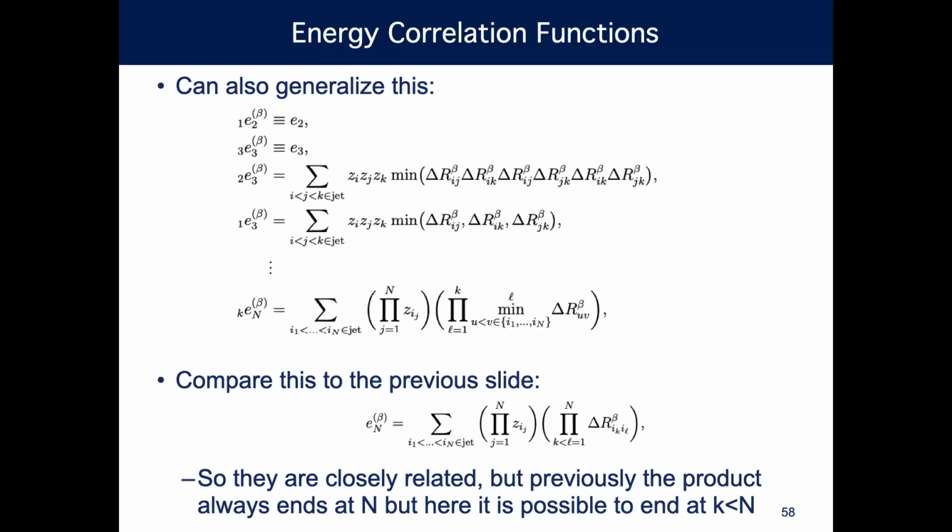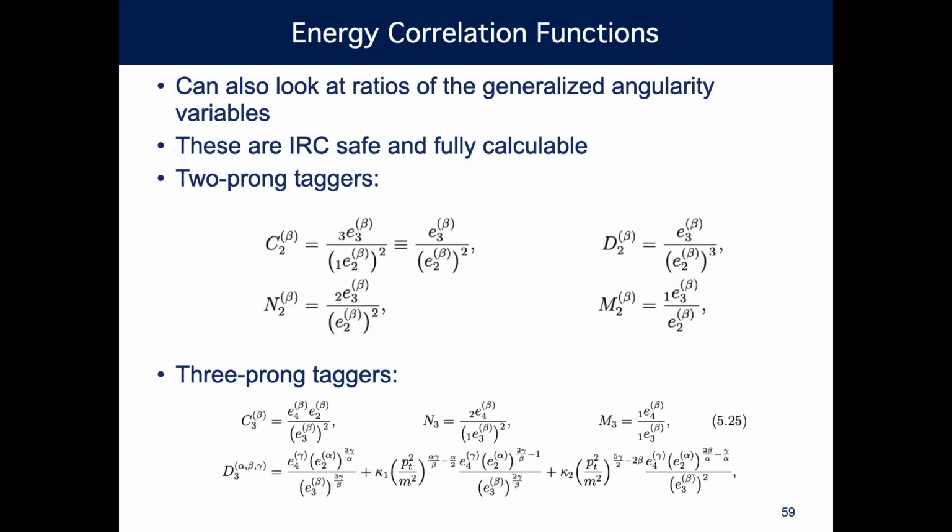But all these variables just give you kind of a different, like you can almost think of them as a convolutional kernel, like in a convolutional neural network. You're kind of looking at how 3-prongy it is, how 2-prongy it is, how frequently does the 2-prong come with a fraction of a half versus a fraction of a third. All sorts of things that you can do with these, and they're closely related. And I could give a lot more detail on this, but I will not. I'm going to skip this.